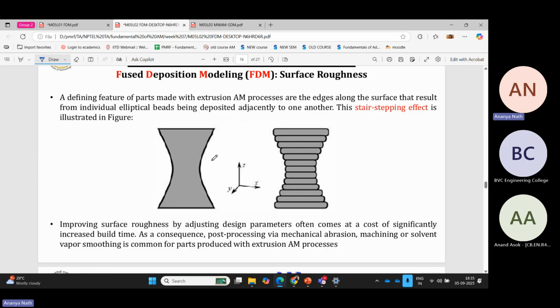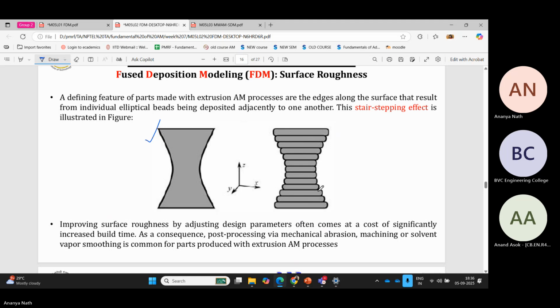Now, surface roughness is also one thing. If you want to print this type of part, it's the wire-based deposition where the layers will be very much distinguishable. However, in case of vat photopolymerization, it was not like so. In case of powder-based additive manufacturing, we will be talking about powder-based later on, the thing is not like so. But in case of sheet lamination, the thing was the same. You can distinguish the layers with your naked eye.